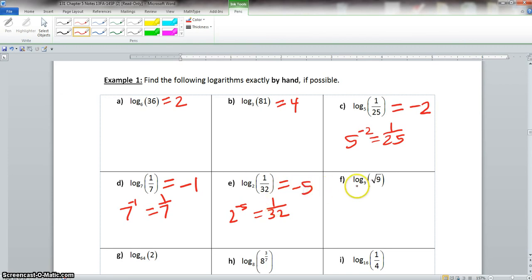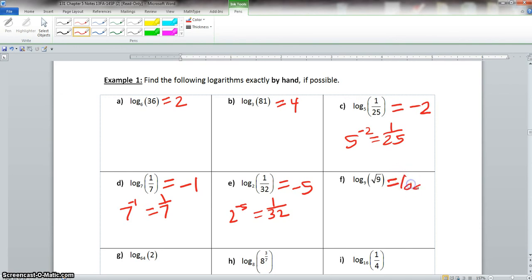Now we come here, we have log base 9 of the square root of 9. Now we want to find this answer here. Now we have to start doing things a little bit more mathematical than doing just mental math here. So let's go and show this here.